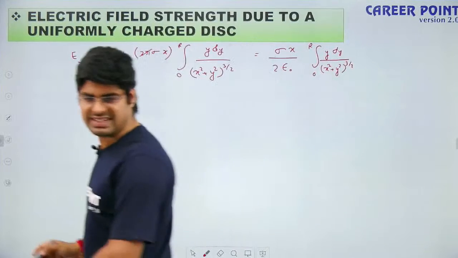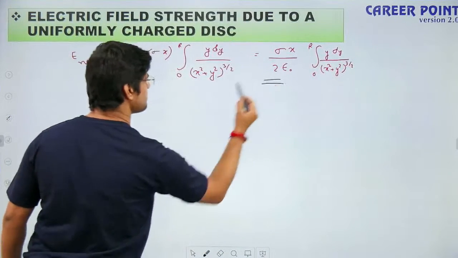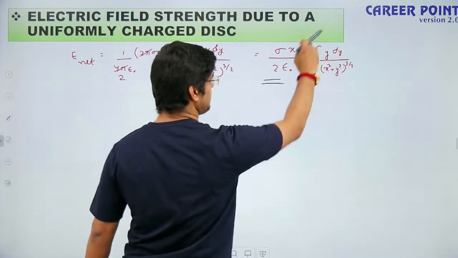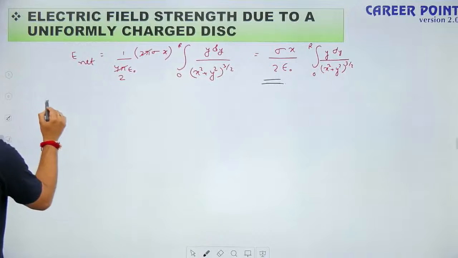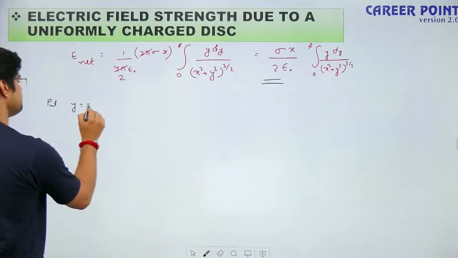So let's integrate this. Let's find out this expression. This sigma x by 2 epsilon naught is constant and this remaining integral I have to find out. So put y equals x tan theta.